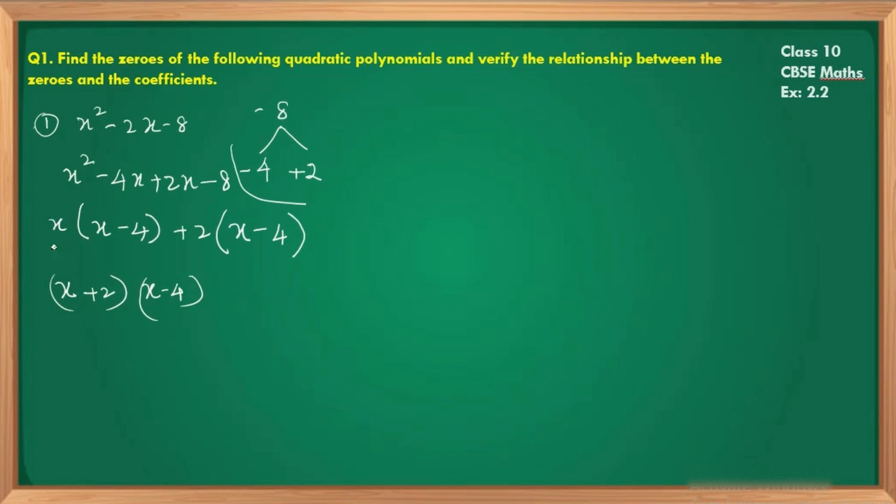The meaning of putting this way is we have total one term here, and the second term is after plus. Now out of these two terms, what is common is x minus 4, and then you can put x and plus 2 as the second term. So x plus 2 and x minus 4 will be equal to 0. Now there are only two options to find out the values of x.